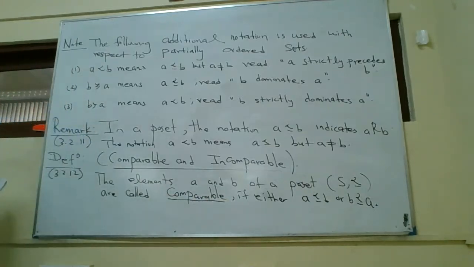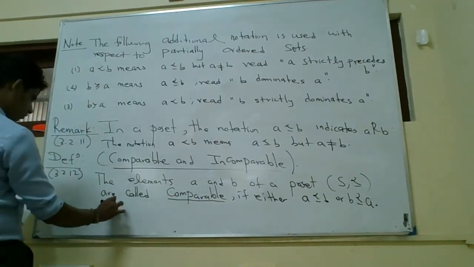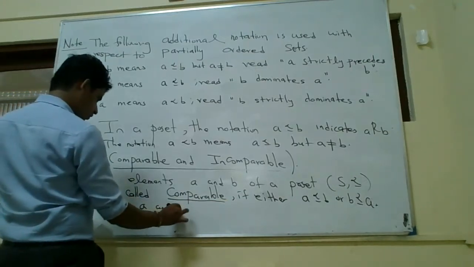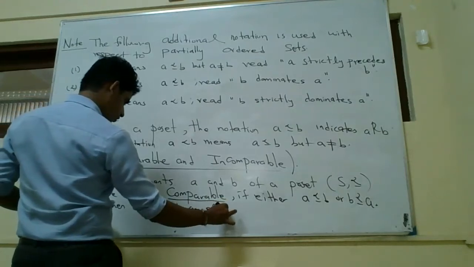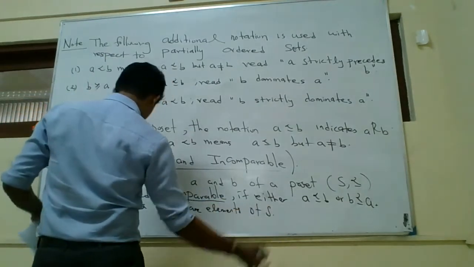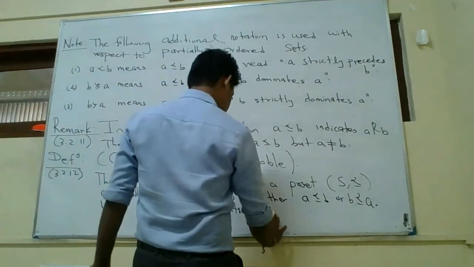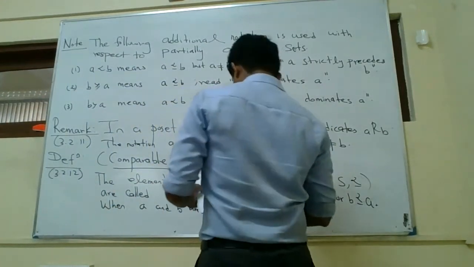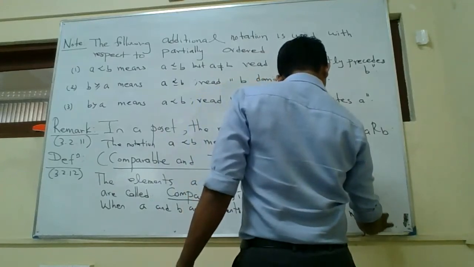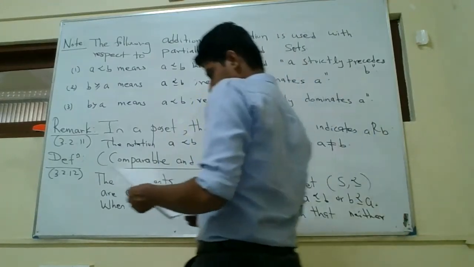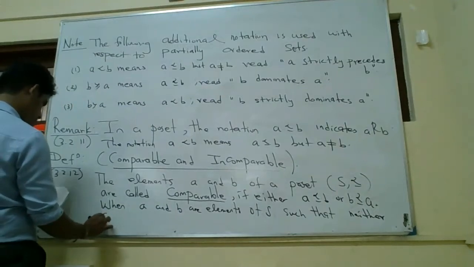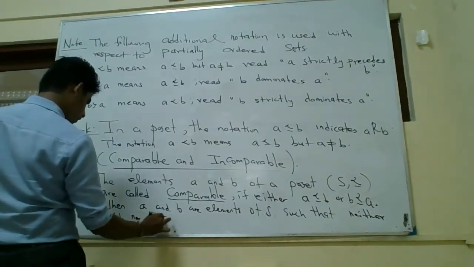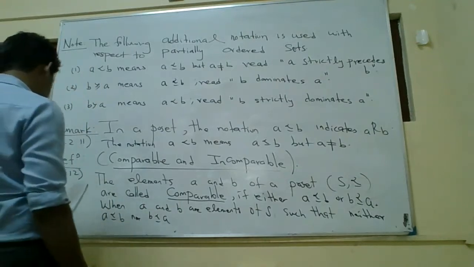Incomparable means when A and B are elements of S such that neither A precedes B nor B precedes A. They are called incomparable.